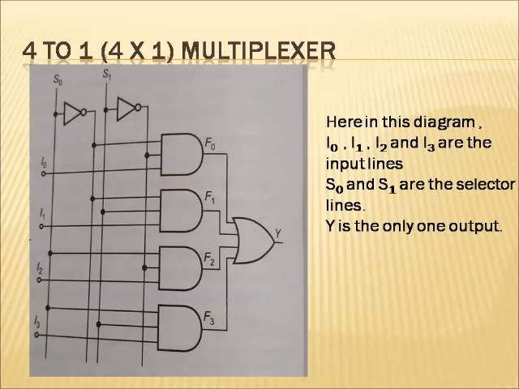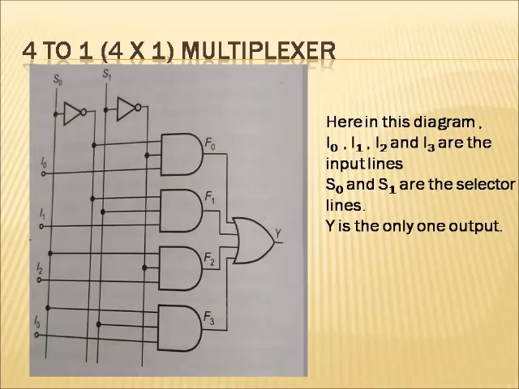You can see that the AND gate F0 is connected to S0 and S1. Let me repeat again. The AND gate F0 is connected to S0 equal to 0 and S1 equal to 0.